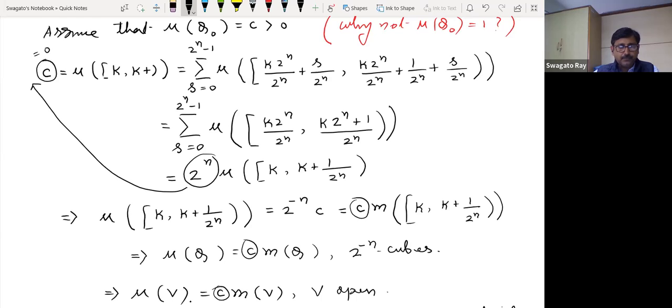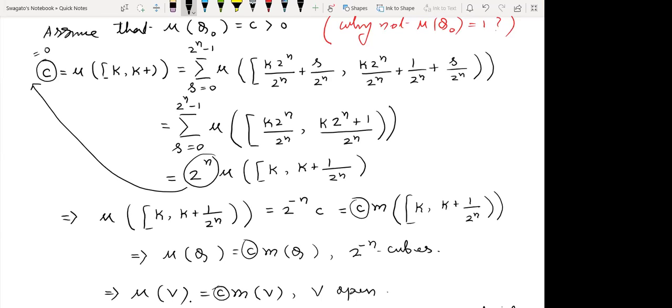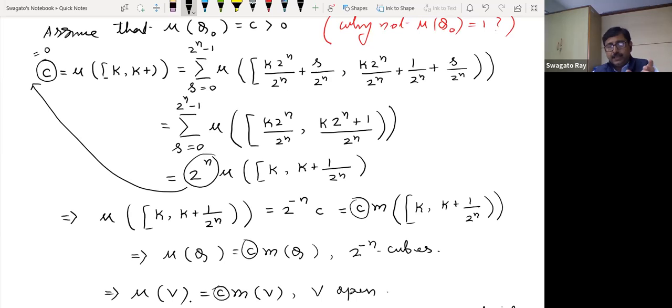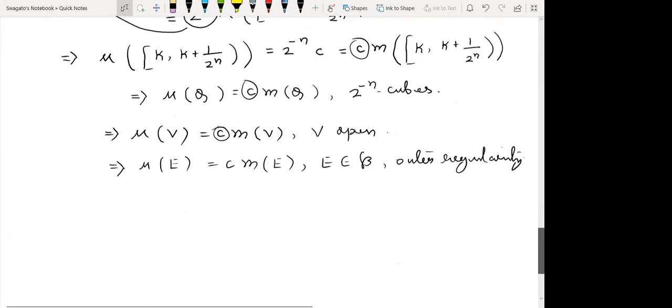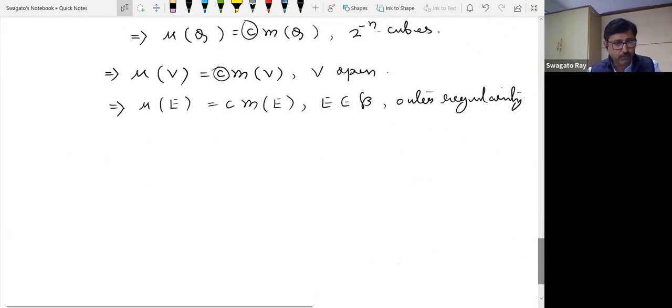Okay? Okay, sir. Because if you take k, k plus 1's measure to be equal to 0, then inside it there are open sets which will have measure 0. You don't want to have that. Okay? Yes. Okay. The theorem will still be true, but then your C will turn out to be equal to 0.